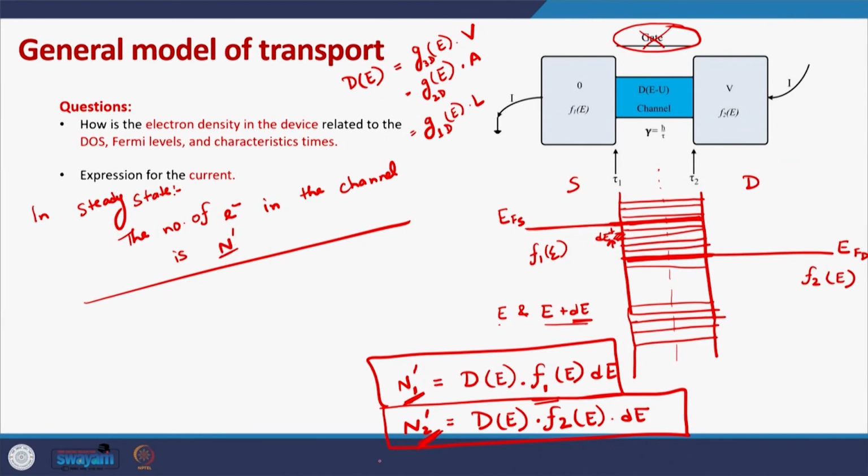Now, we can write the rate at which electrons are going from the source into the channel or through the channel.